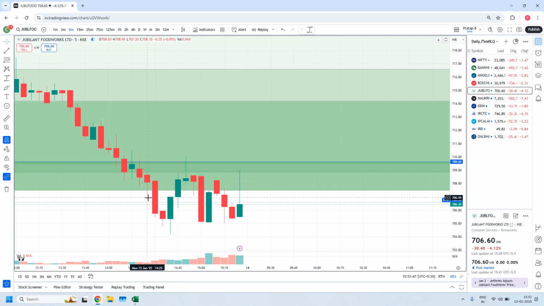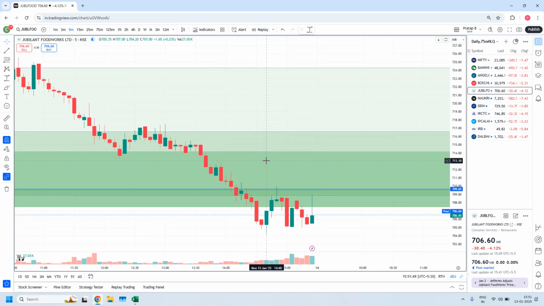But if you would have noticed in all these stopped out trades, after the zone is violated, prices were slightly moving up. Why? One reason is it's almost the closing hour of the market. When all these zones stopped out, it was around 2 o'clock or 2:30, the last 1 hour of the trading session.